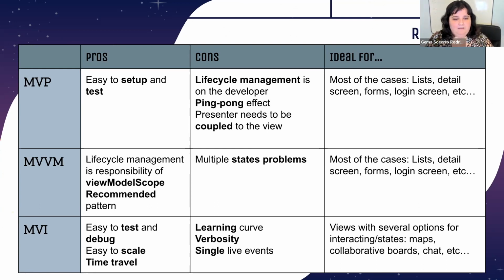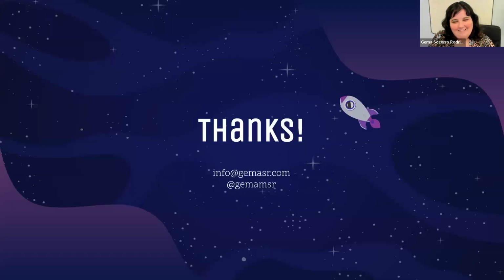MVI, I think, is the ideal pattern, but MVVM could also be your option. And for easy things, I would use MVP, but it depends on the team. It's a decision that you have to take and go for it. And that's it.